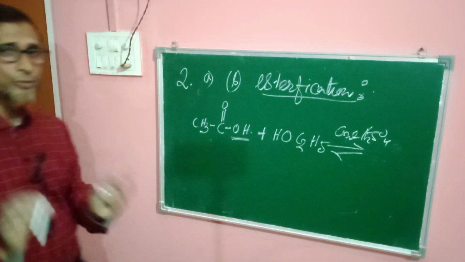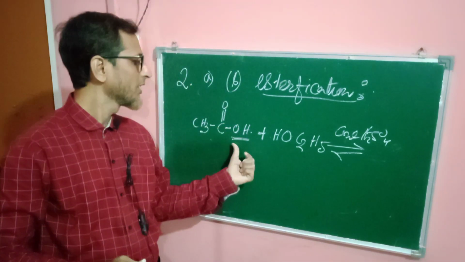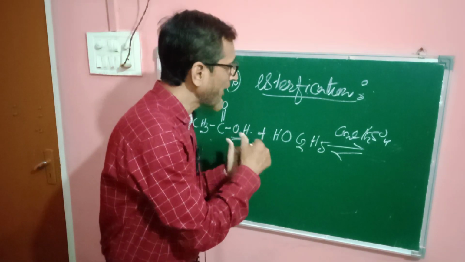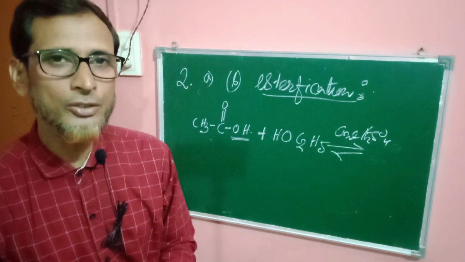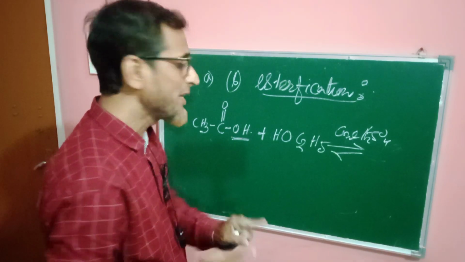Just follow the technique. Since we are dealing with carboxylic acid and the second type of reactions where OH is involved, and we are talking about esterification, naturally the OH of the carboxylic acid will be involved.